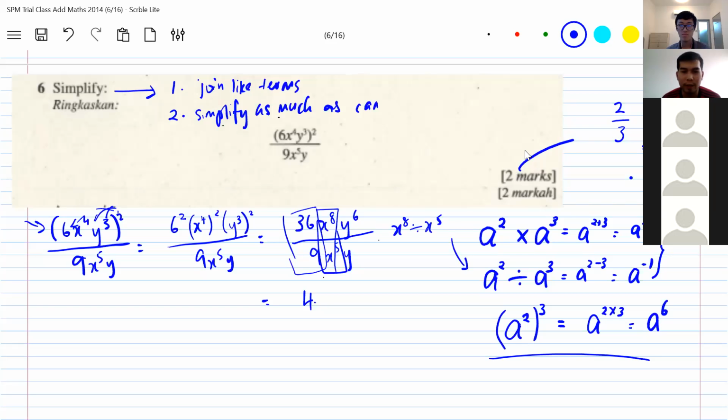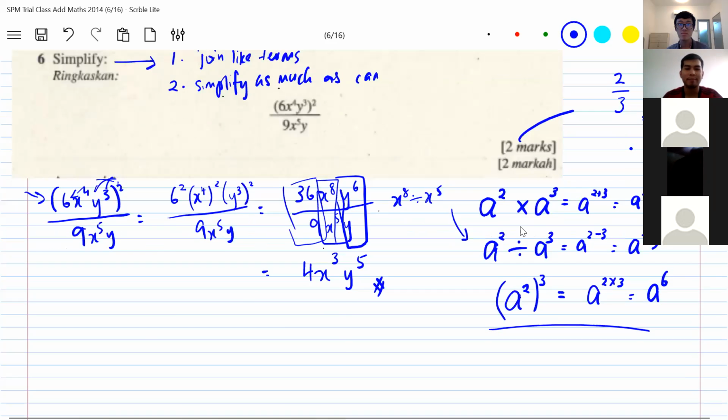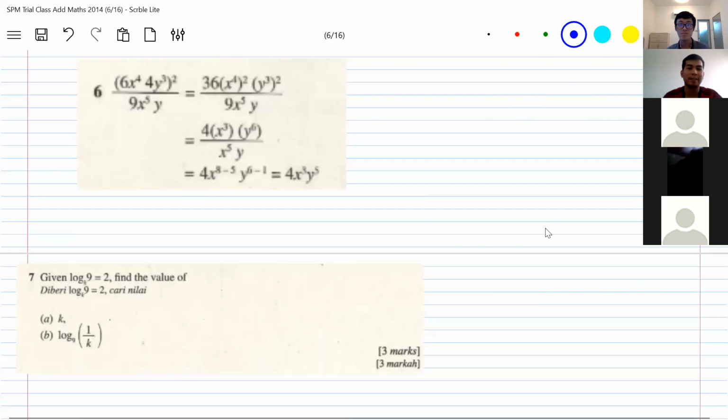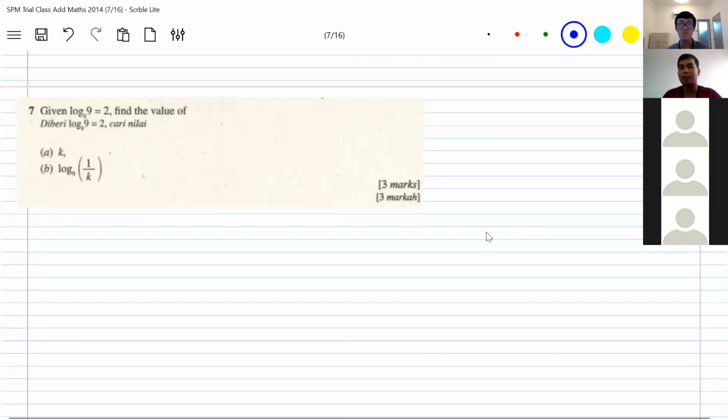So that will give you x³. Subsequently, y⁶ and y¹, that is y⁵. And there you have it, your final answer. Alright? Okay, cool. 4x³y⁵. Alright. Let's move on to the next one.